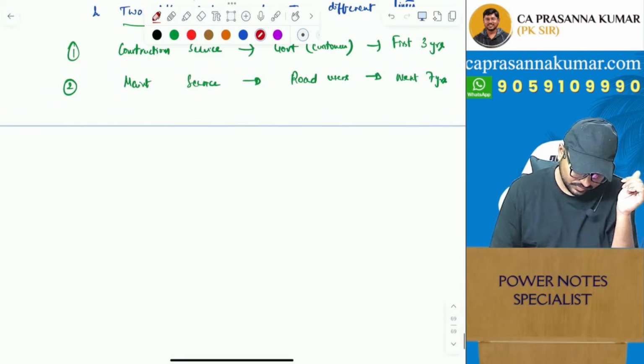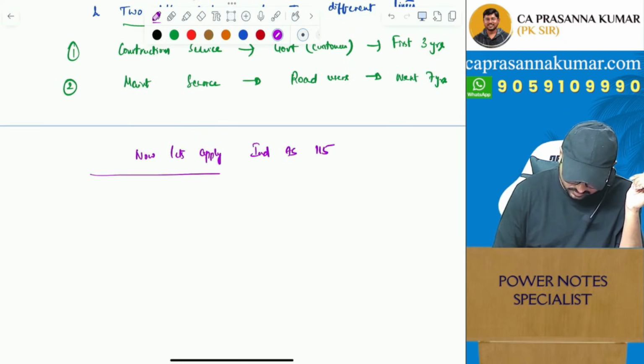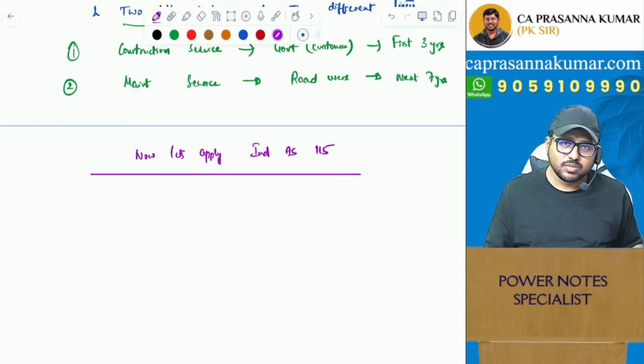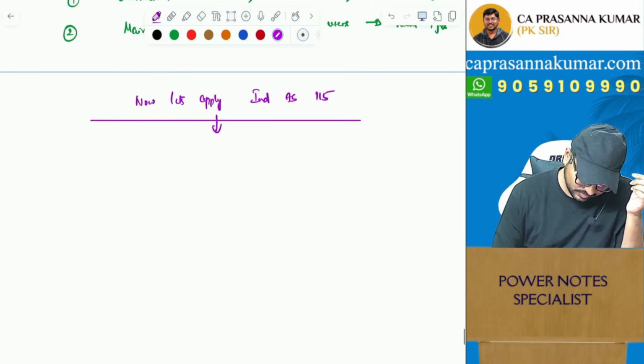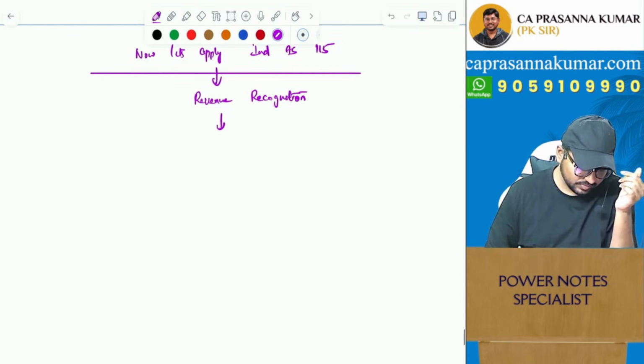Now, let's try Ind AS 115. Now tell me one thing. Ind AS 115 talks about revenue recognition. When will you recognize revenue?